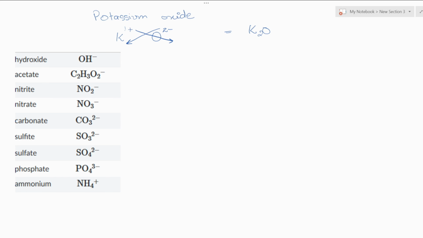Let's see how to write a chemical formula using these, because we have sulfate that we are going to use in acids. Let's write, sorry, potassium sulfate. How to write a chemical formula for this?